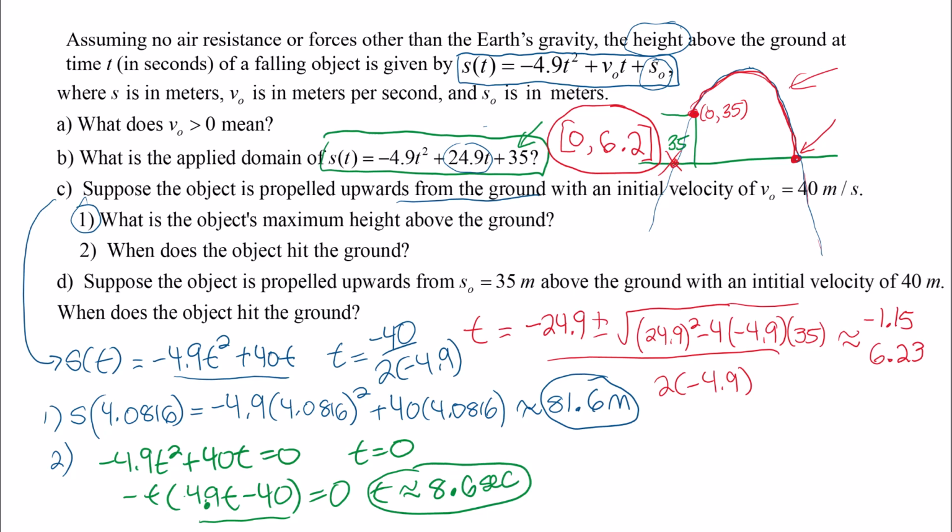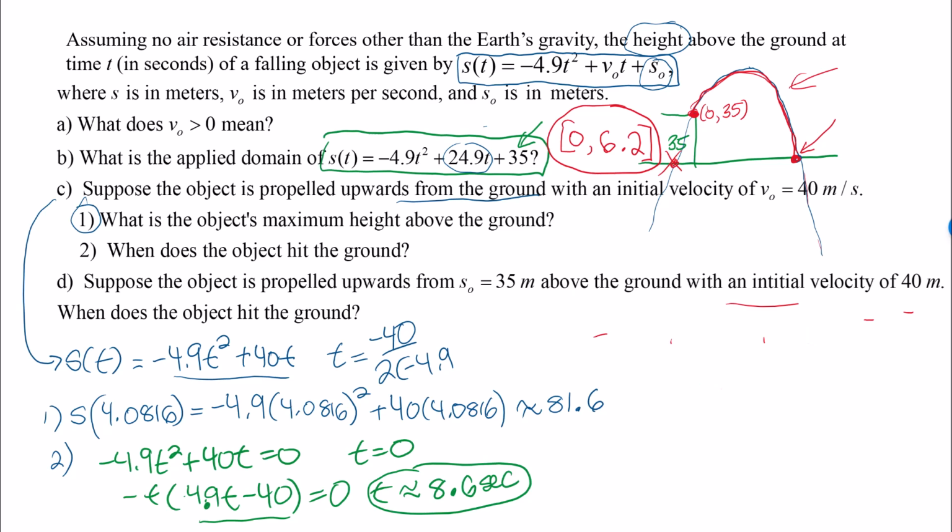Now I still need to answer part D, and I need some room to do that, so I'm going to erase this other part so that I've got room to work that out. I'll put it right here at the end. Okay, so looking at part D, suppose the object is propelled upward from S0 equal 35 meters above the ground with an initial velocity of 40 meters per second.